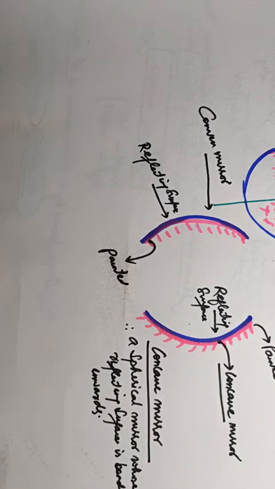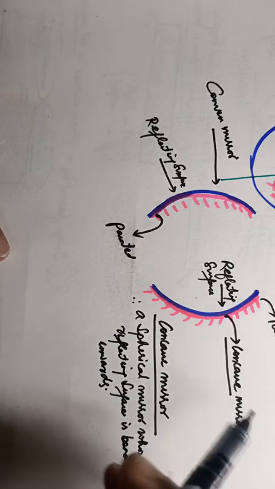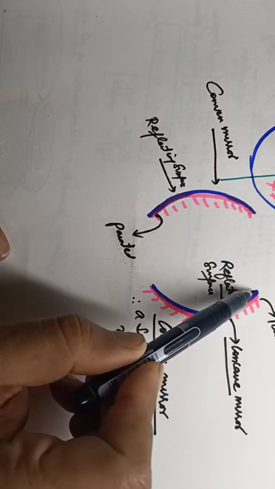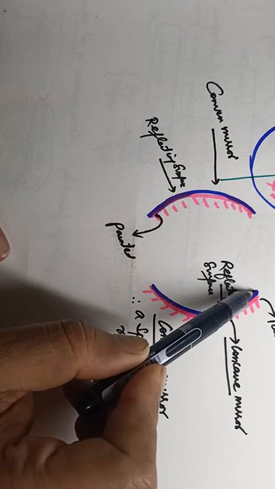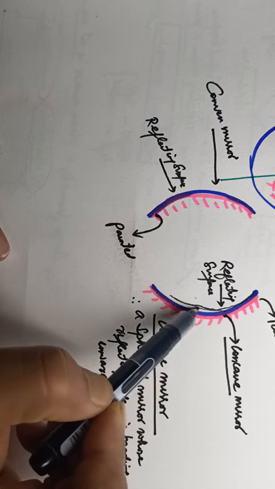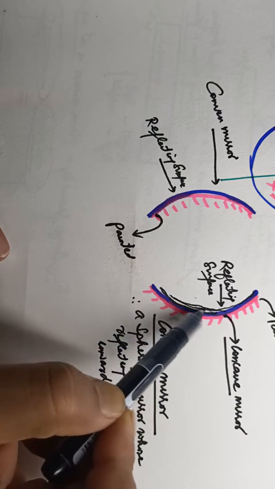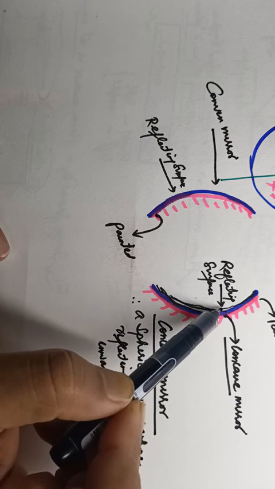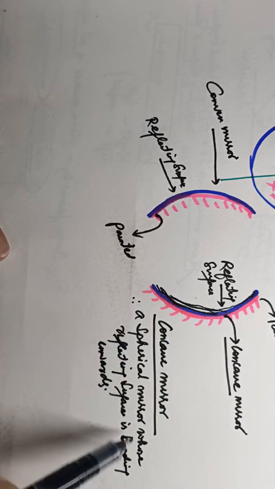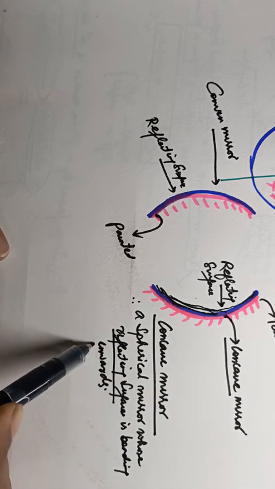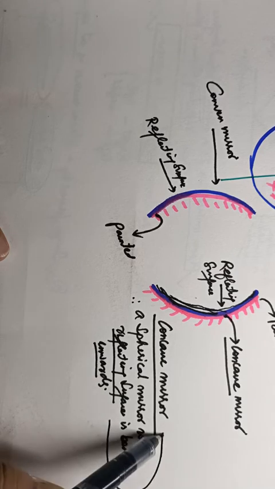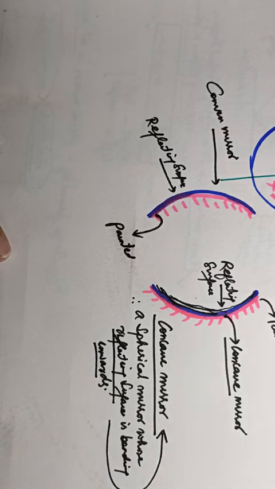I hope I make it very clear. Whose reflecting surface is bending inward. You can see here, this is a concave mirror, and in this mirror, this is the reflecting surface, and this reflecting surface is bending inwards. So a spherical mirror whose reflecting surface is bending inwards, it is called as a concave mirror, right?